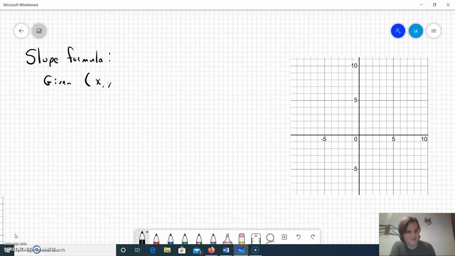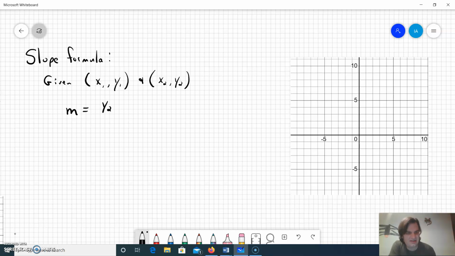And we'll call them x1, y1, and x2, y2. Okay, so the formula is the change in y over change in x. So remember we call slope m.